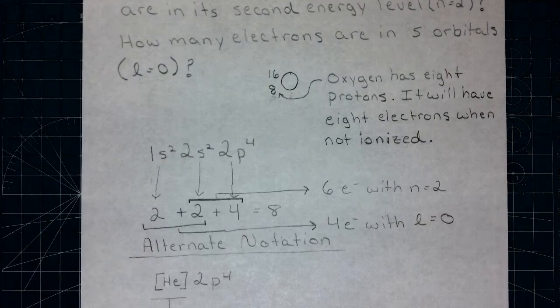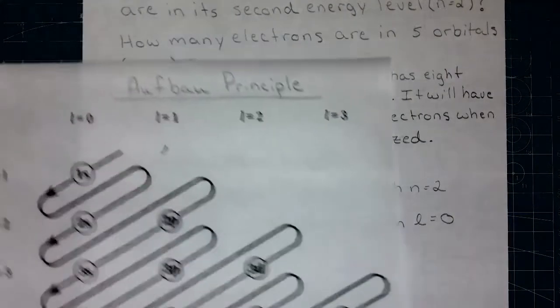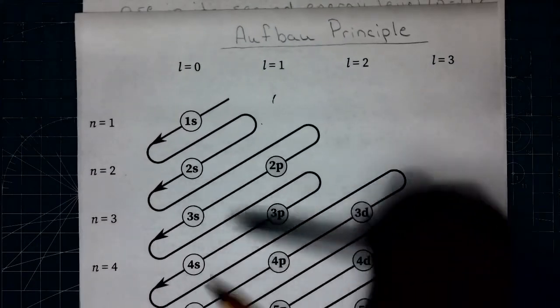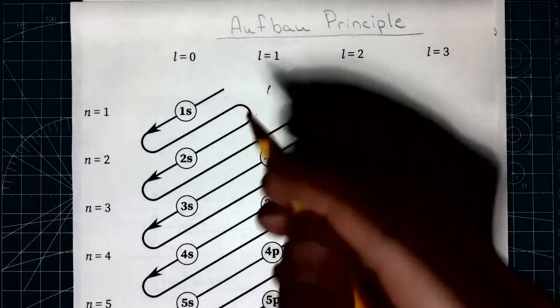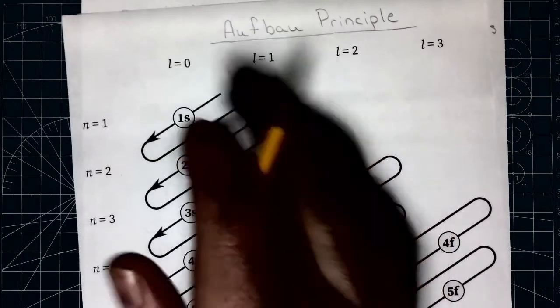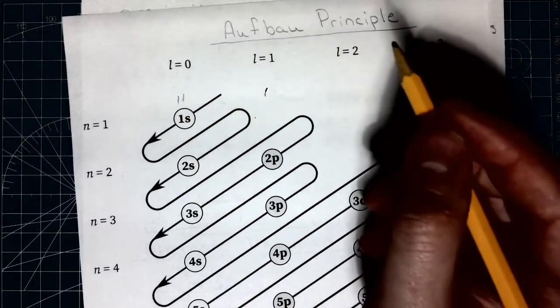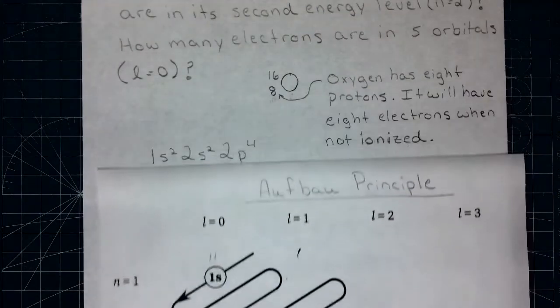And then what we're going to need to do is go to our little list here and start filling them in. So I need to fill in 8 electrons. So first I'm going to go to 1s, and I'm going to imagine I put 2 electrons in there.